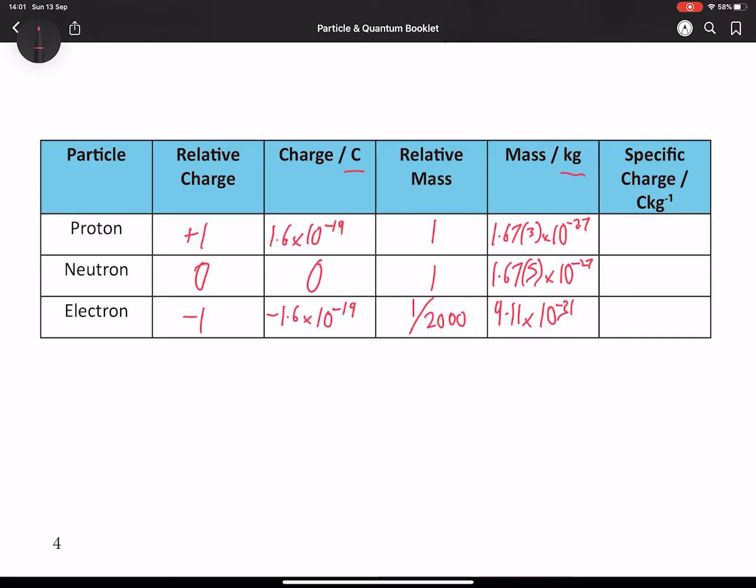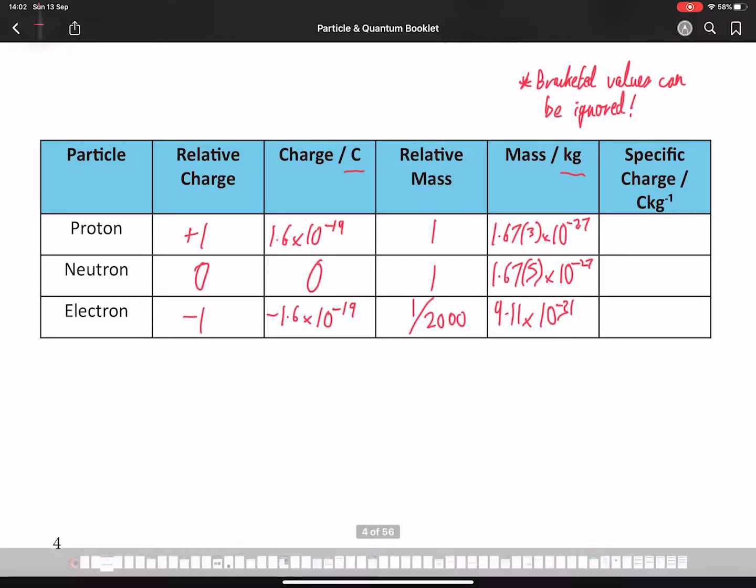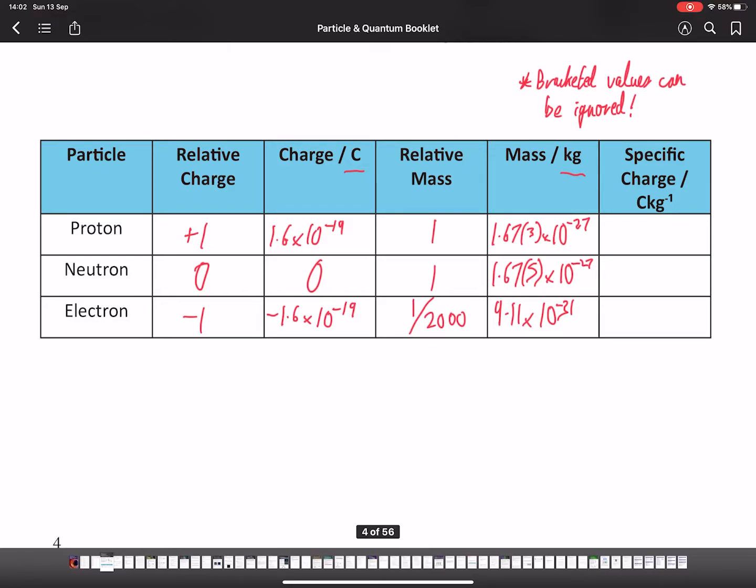This is to show there is a distinct difference, which is relevant for decays later on, but you never need to use those bracketed values. So the bracketed values can be ignored. So all nucleons, all things that reside in the nucleus, are treated the same.